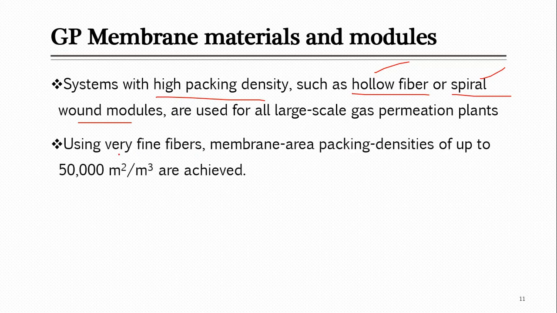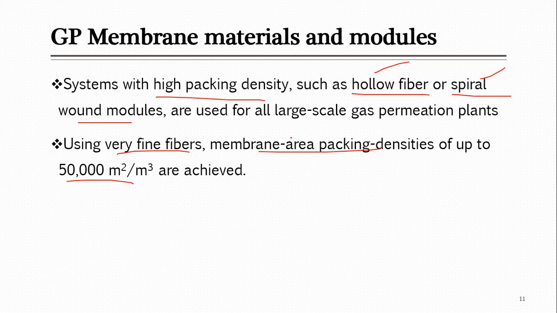Usually very fine fibers are used for hollow fiber membranes, so the membrane packing area is up to 50,000 square meters per cubic meter. This is a very huge packing area available in 1 cubic meter.